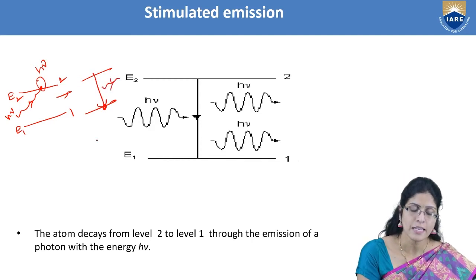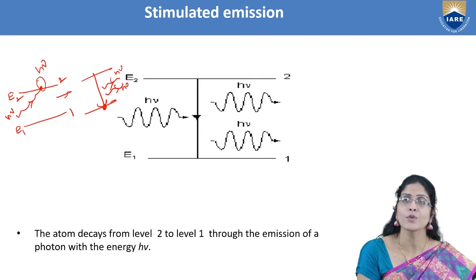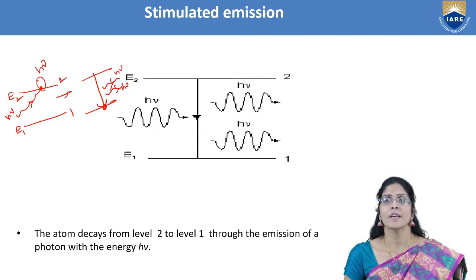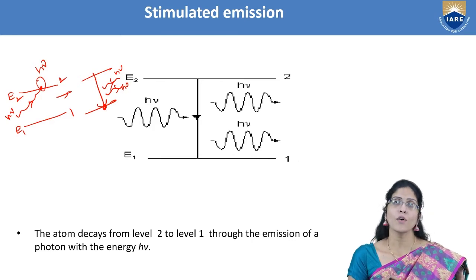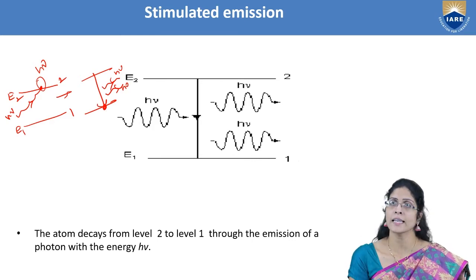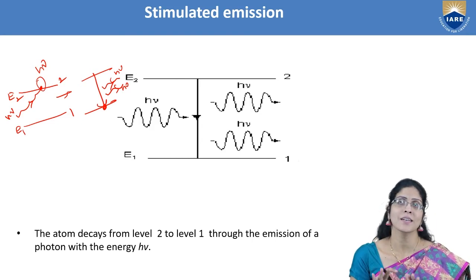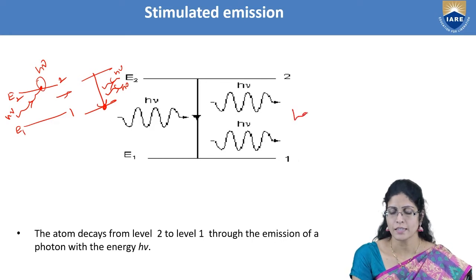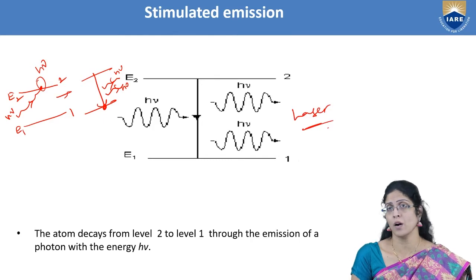It releases this along with the photon which you have given, so you get 2 photons out. This type of emission of the electron staying in the higher energy level after being stimulated by an external photon is known as stimulated emission of radiation, which is the major principle for the laser to come out.